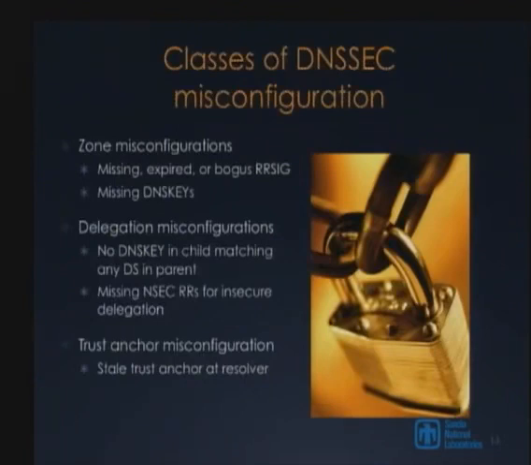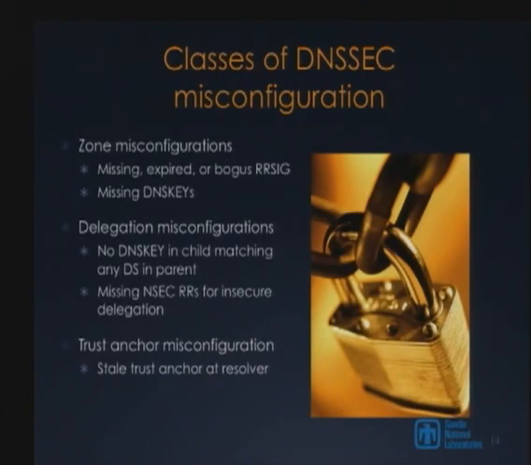So first of all, to better understand our model for measuring availability in a DNSSEC deployment, we've classified things into 3 different classifications. These are fairly arbitrary, but that's why we've done this. What we call zone class misconfigurations are something specific to the zone, meaning you are either missing your signatures or they're expired or bogus, meaning they don't validate against the data that you have.